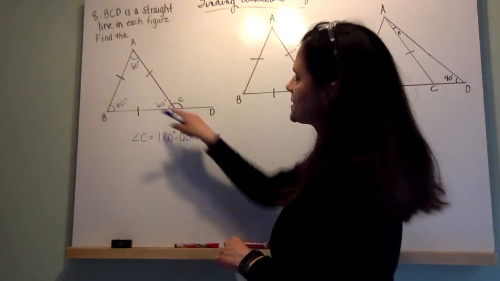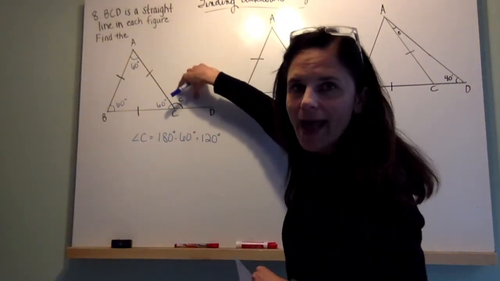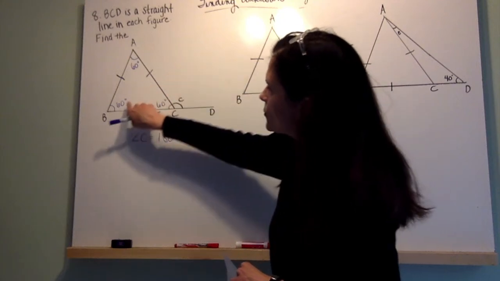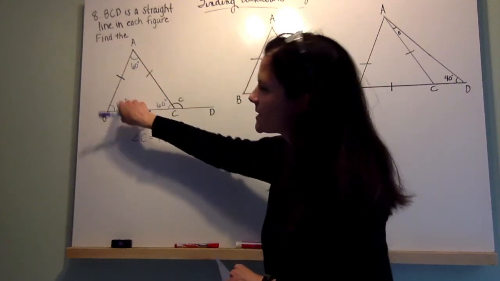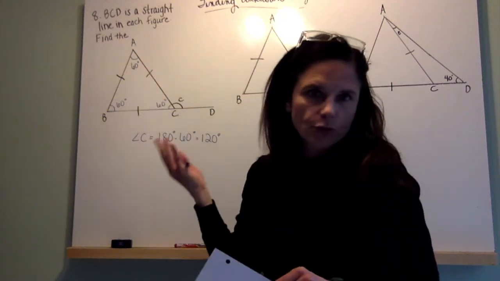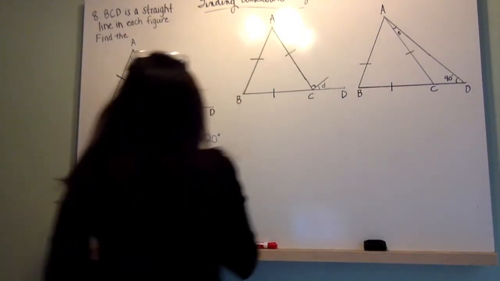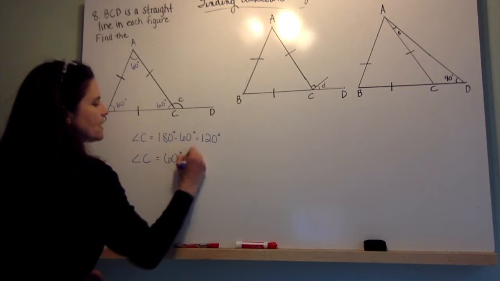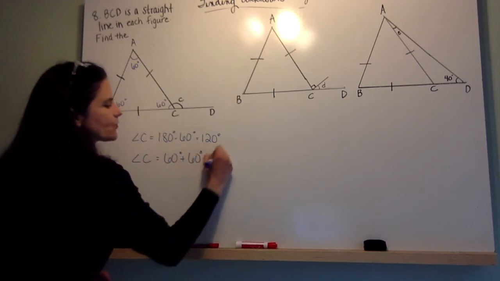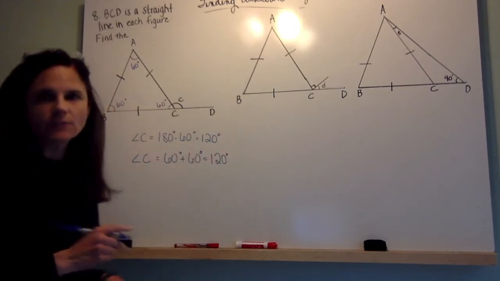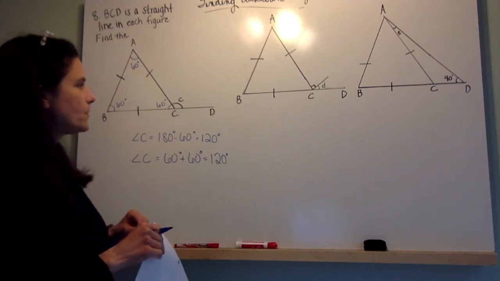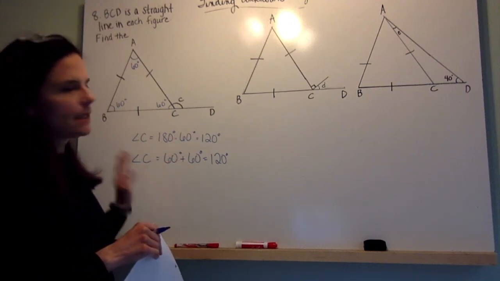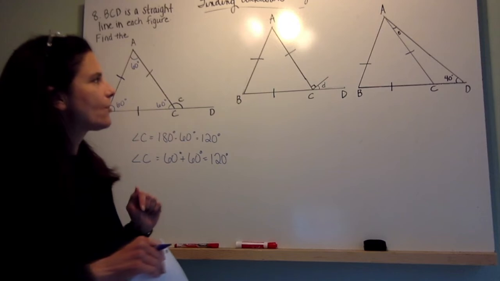And that property says that the external angle of a triangle is equal to the sum of the 2 opposite internal angles. You could have solved it that way. So you could have said angle C is equal to 60 degrees plus 60 degrees, which of course is 120 degrees. So I see 2 ways that you can solve that problem.